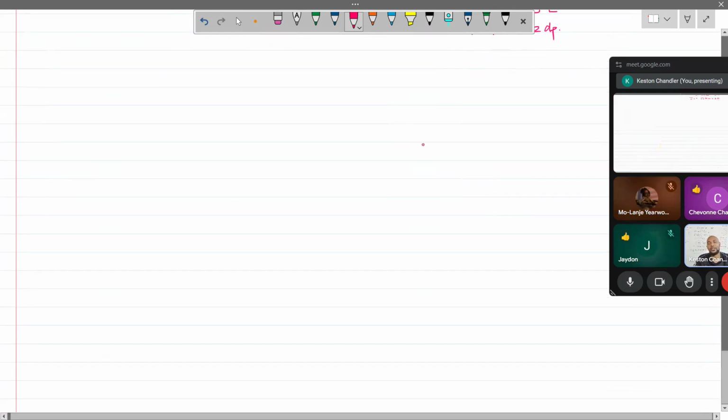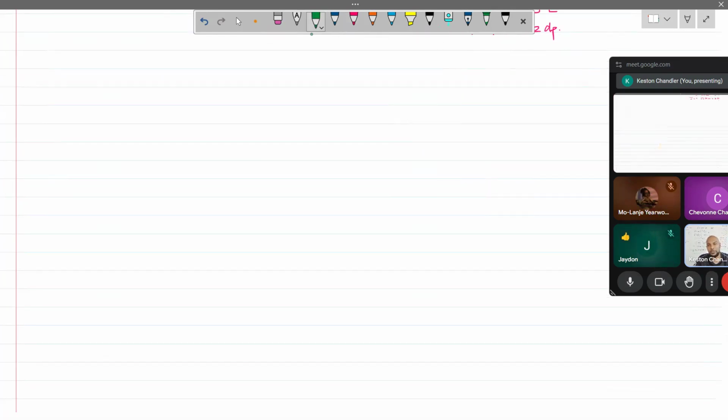Right. So now for a wildcard question. I'm going to put a triangle up here, but I'm not telling you what ratio you have to use. I'm just going to ask you to find something.